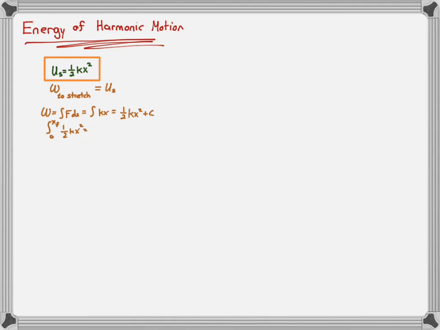If we assume that we started at its equilibrium position, then the work done is equal to 1/2 kx squared. And that's how they derive that equation, from the integral of the work needed to stretch the spring, which is equal to the energy that was put into the spring, because the force of a spring is a conservative force, just like gravity is.